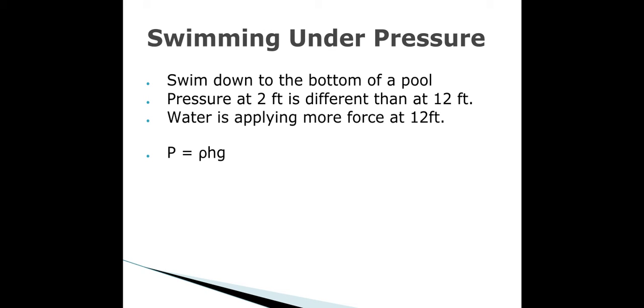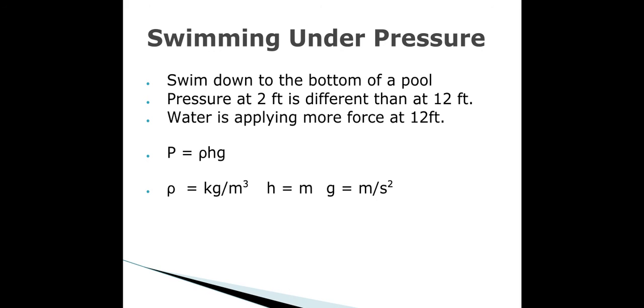So this is going to be your second equation: calculating the pressure in a fluid. The pressure is equal to this little thing that looks like a P, a Greek letter that stands for density, times h times g. h stands for the depth that you have been submerged, and g stands for good old gravity.